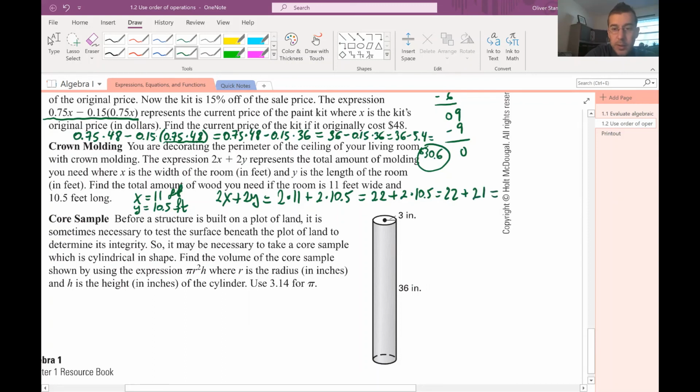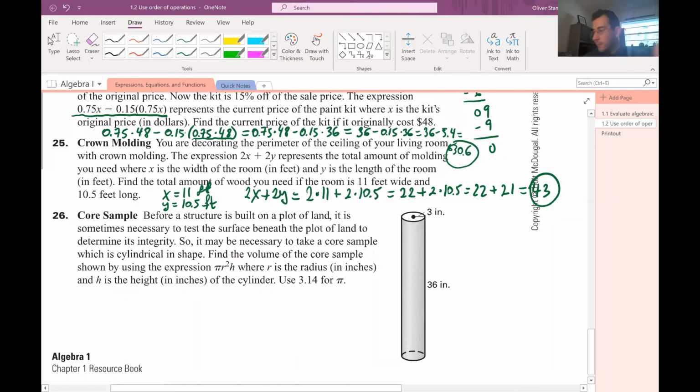So this becomes 43. 43 is the answer for, which one was this? 25. And that is correct. And that is in feet. Okay, so we had the x, y in feet, so the molding is in feet as well. And the last one, 26, core sample.